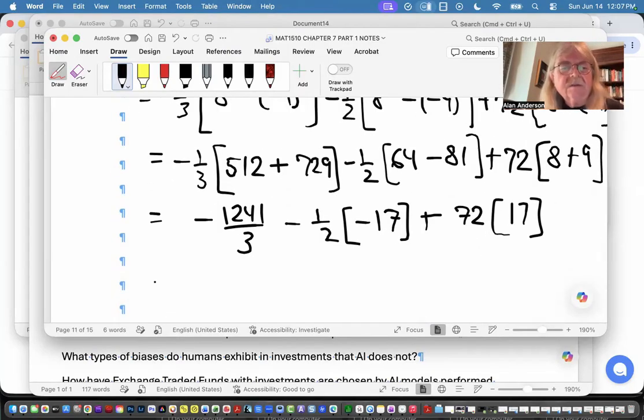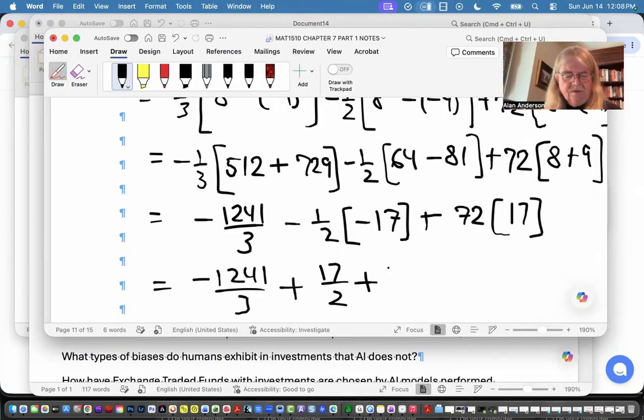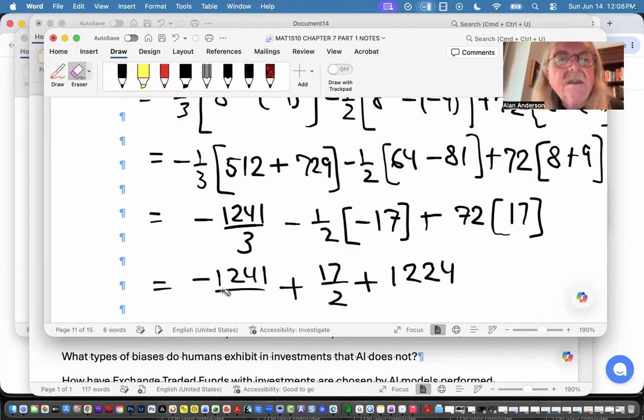Let's clean this up a little. And 72 times 17 is 1224. All right, so we will need a common denominator, which we'll choose to be 6.